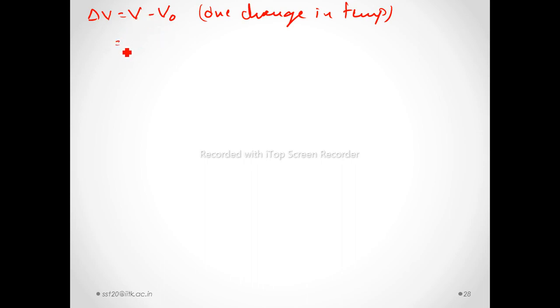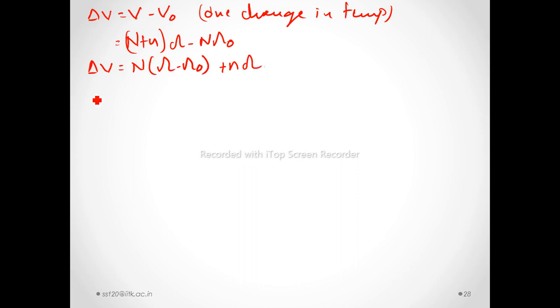Then V can be written as (N plus n) into omega, capital N into omega naught. Then delta V can be given as N into (omega minus omega naught) plus small n into omega.